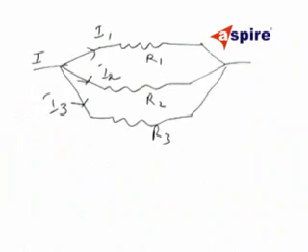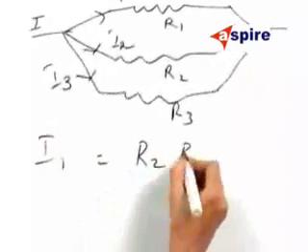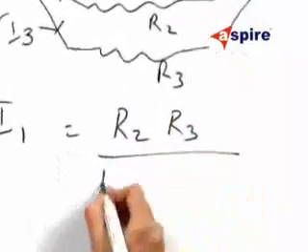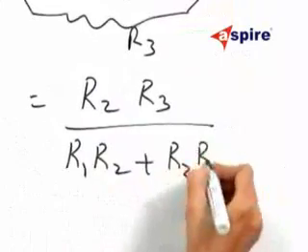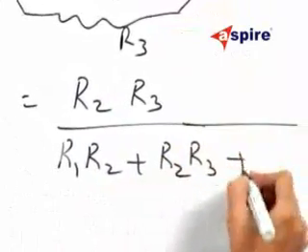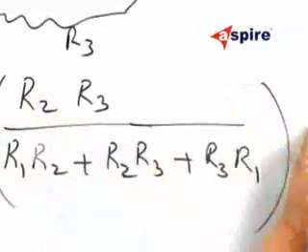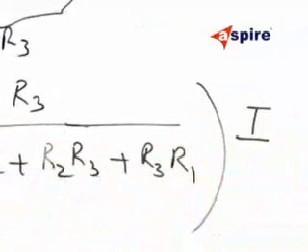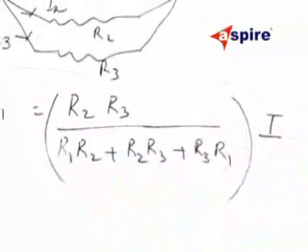So I1 is given as R2 R3 divided by (R1 R2 plus R2 R3 plus R3 R1) times the main current. In the cyclic permutation, we can get I2 and I3 in a similar manner.